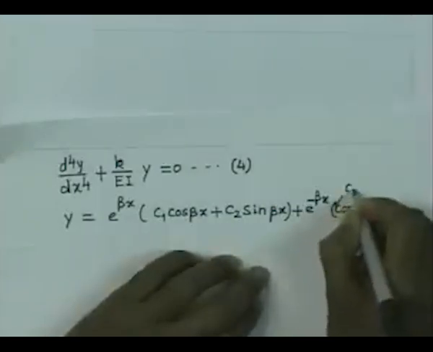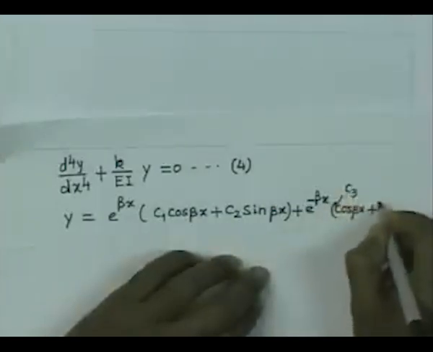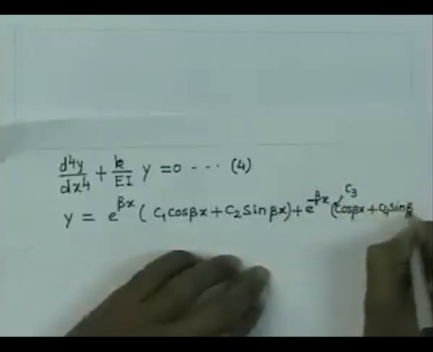So, we should have C3 cosine beta x and C4 sin beta x.